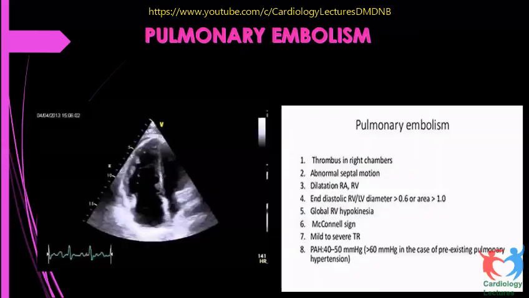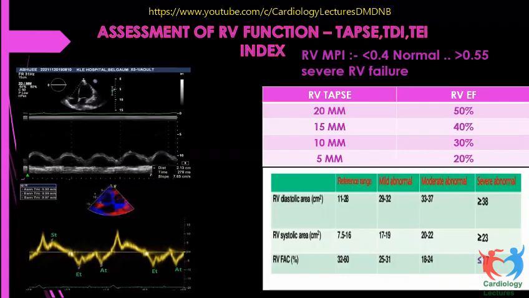In pulmonary embolism, you usually have an RV which is double or triple the size of the LV, and there will be akinesia of the free wall of the RV called McConnell's sign, and there will be a huge dilatation of the tricuspid valve leading to tricuspid regurgitation, usually severe. And if you put a continuous wave Doppler across that tricuspid valve, the TR jet, you will have pulmonary arterial hypertension, usually more than 60 millimeters of mercury.